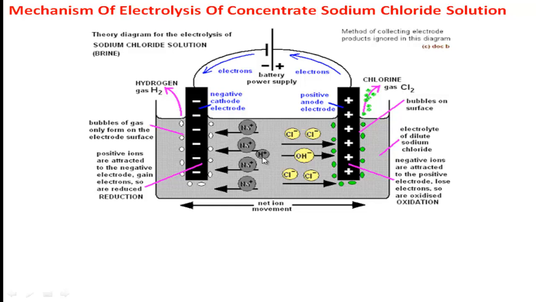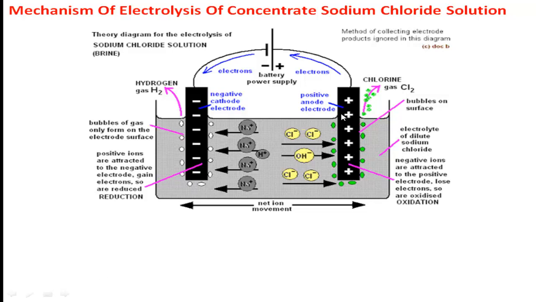For this reason, the hydrogen ion reaches the cathode first, and at the cathode reduction occurs. That means the hydrogen ion accepts an electron from the cathode and is converted into a hydrogen atom. Then two hydrogen atoms combine to form hydrogen gas.